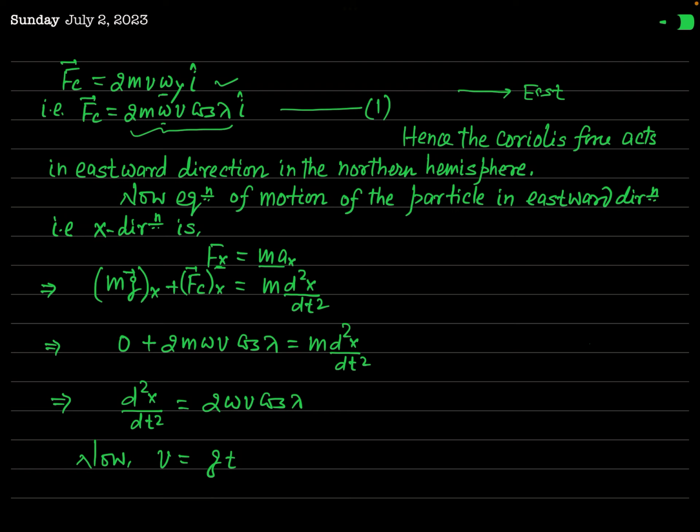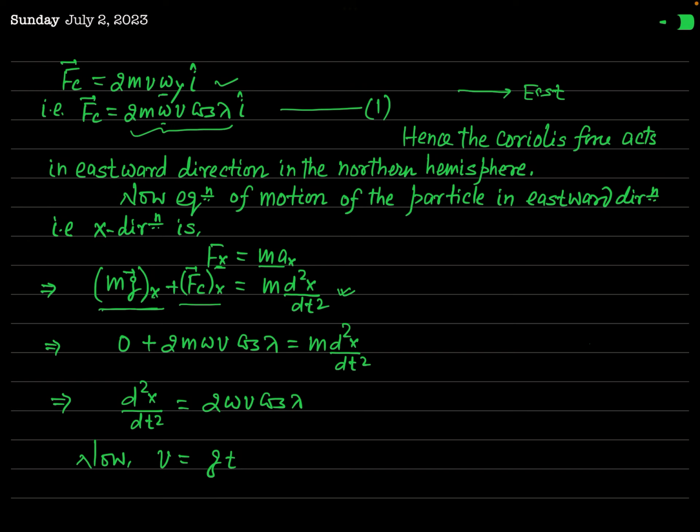The pseudo force here is the Coriolis force, and the real force is the force of gravity. So you have to take the x component of the real force mg. This mg x represents the x component of mg, that is, the x component of the real force, and fcx means the x component of the Coriolis force, which is a pseudo force, and that will be equal to m times d2x by dt square.